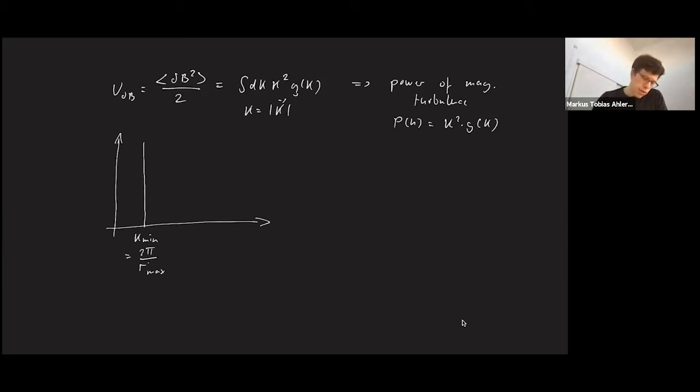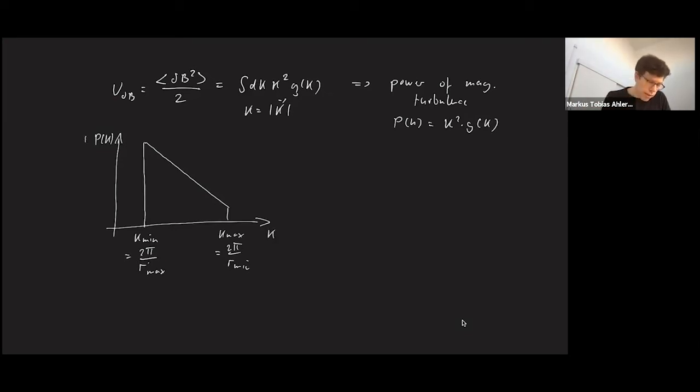It is bounded on the other side by a maximum Fourier mode, which is related to the inner scale, the minimal length scale. The rest of the power is distributed following a power law along this line. This is P(k), and it's in logarithmic units, which is why I can draw a straight line there.